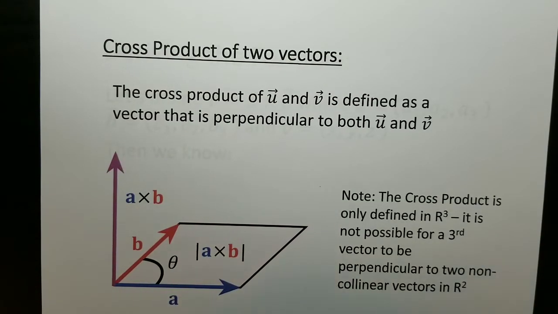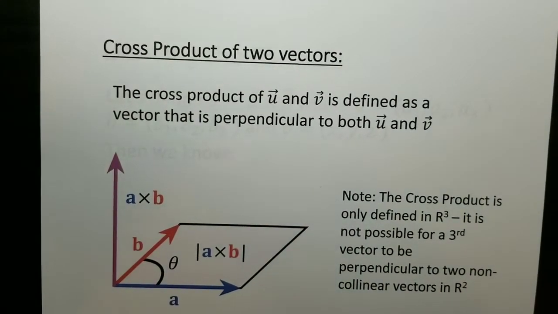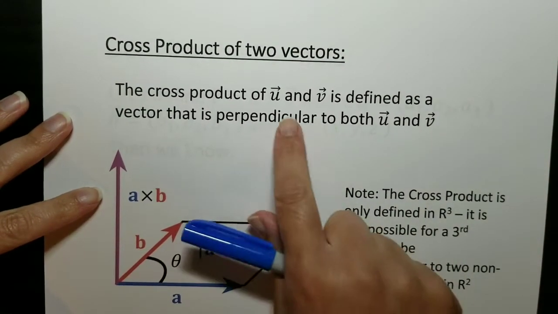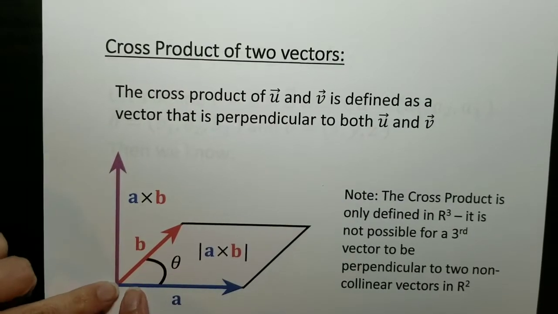So the cross product of U and V is defined as a vector that's perpendicular to both of the vectors that you're doing the cross product of. I probably should have changed this to A and B, but you can see what this means.